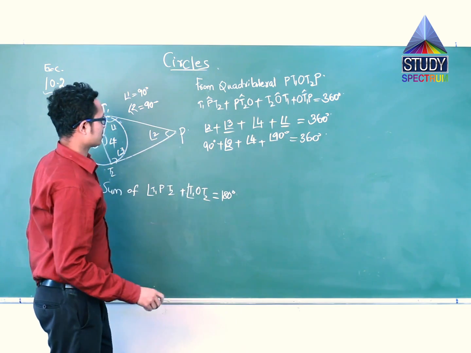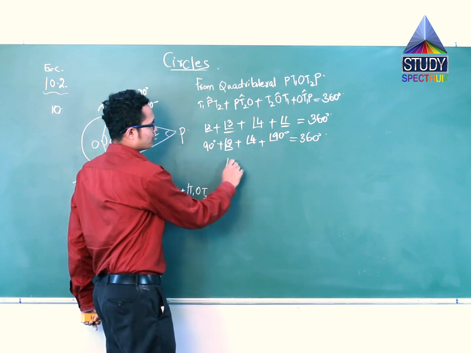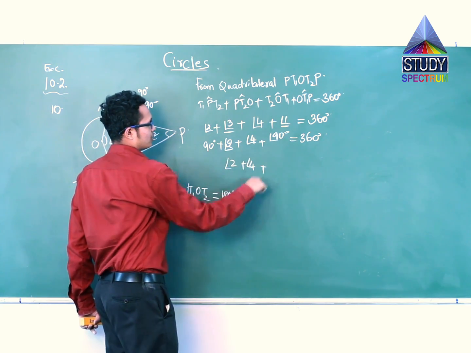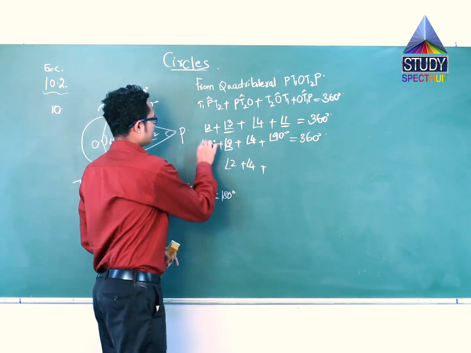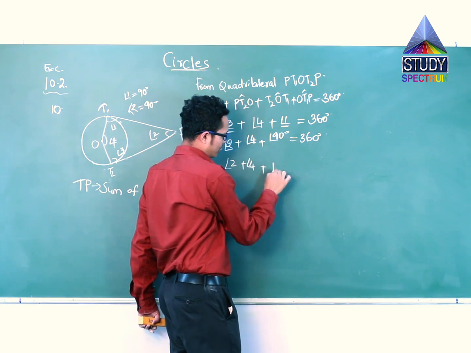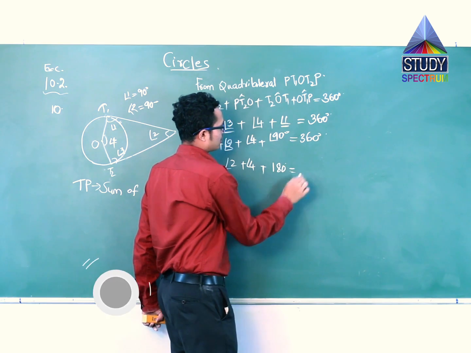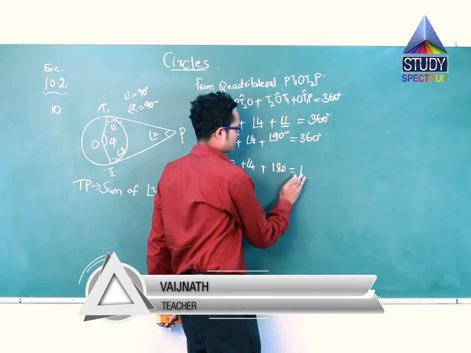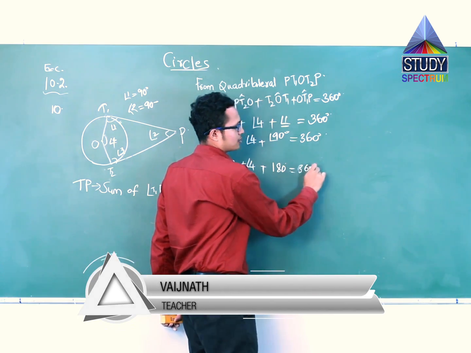They are supplementary angles. So angle 2 plus angle 4 plus 90 plus 90 degrees is 180 degrees. Just write here, is equal to 360 degrees.